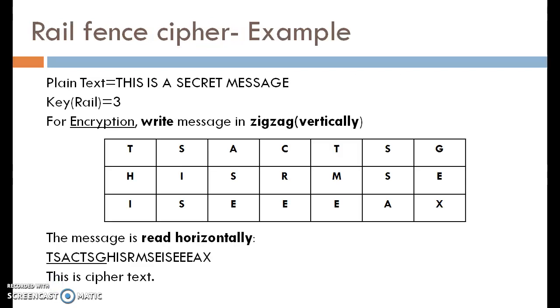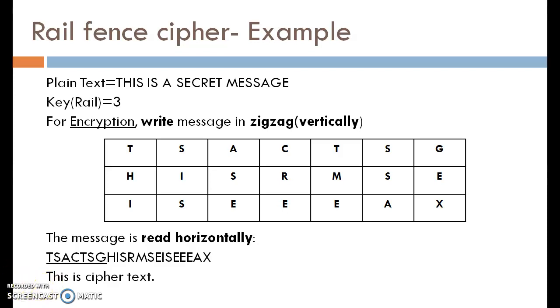Now consider the example of rail fence cipher. Here our plaintext message is "this is a secret message", and the key value, that is the number of rails, is equal to 3. Now first, for encryption, write the plaintext message in a vertical manner.